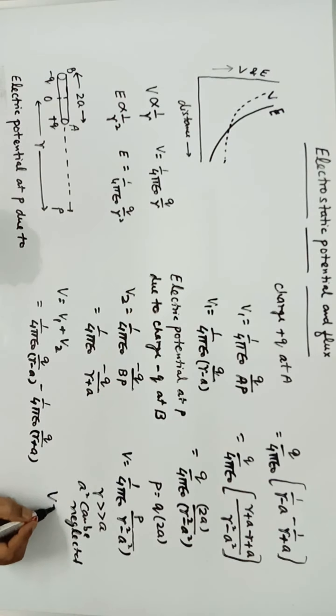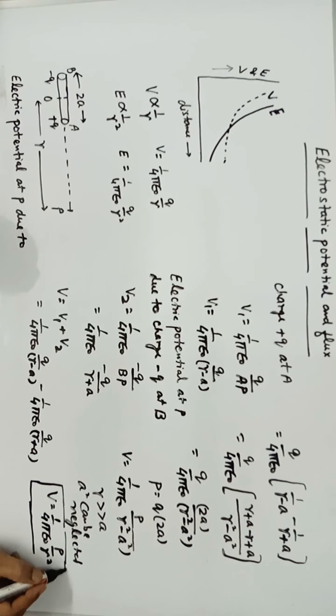So the value of V is 1 upon 4 pi epsilon naught p upon r square. This is the relation for the calculation of electrostatic potential due to the dipole AB of length 2a.